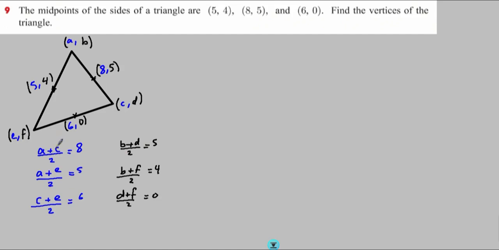So if we take the first set, we have A plus C equals 16, A plus E equals 10, and C plus E equals 12. And from the second set, we have B plus D equals 10, B plus F equals 8, and finally D plus F equals 0.